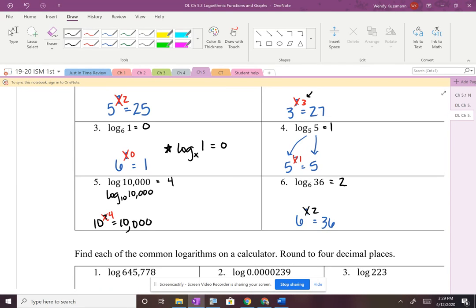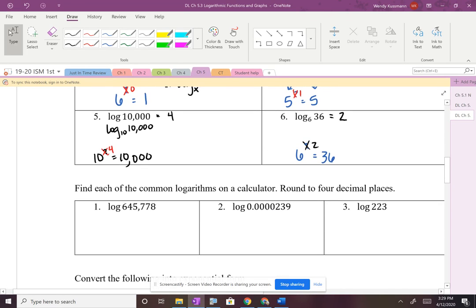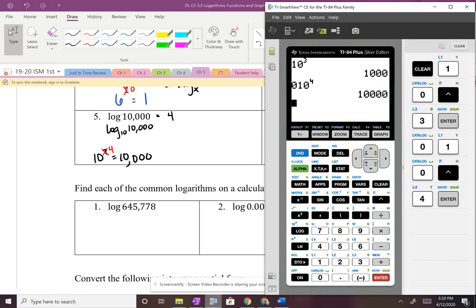So now we're going to move on to finding them with the calculator when you can't find it without a calculator. So if you bring up your calculator here, I want you to look for the logarithm button. And if you look, it's right here, right next to the number 7. It says LOG on your calculator.